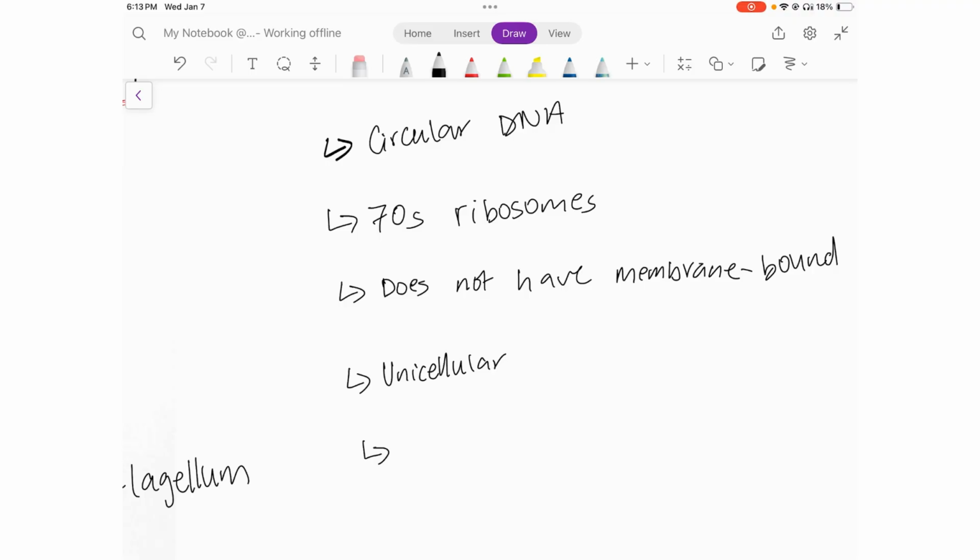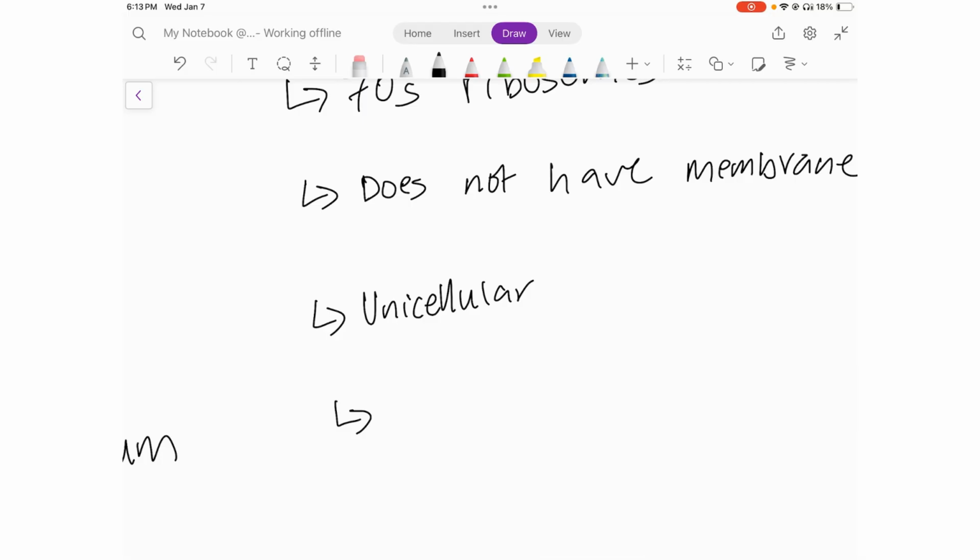Eukaryotic cells tend to be larger due to the sheer complexity of their structures. However, since prokaryotes tend to be more simplistic, they are much smaller, with a size of 1 to 5 micrometers in terms of their diameters.